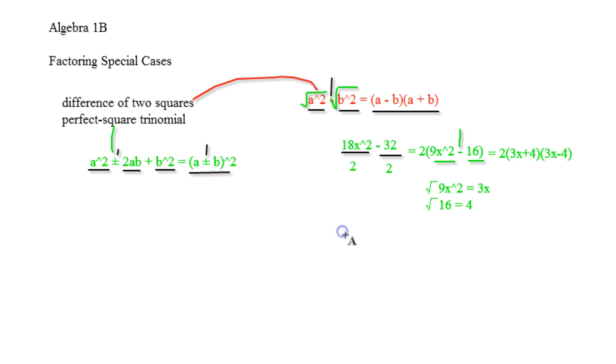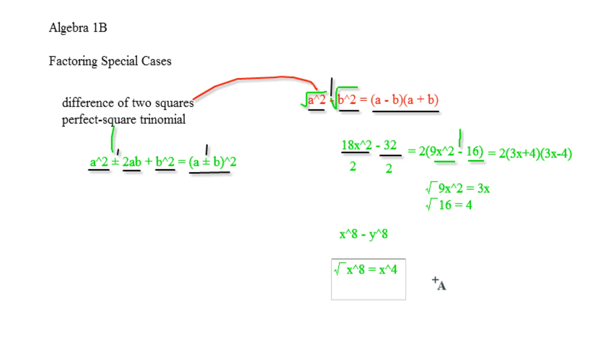Now a real popular one that not a lot of people like is this one right here, x to the 8th minus y to the 8th. Surprisingly enough, those don't look like perfect squares. But you have to remember in exponents, if I square root x to the 8th, I'm going to get x to the 4th.